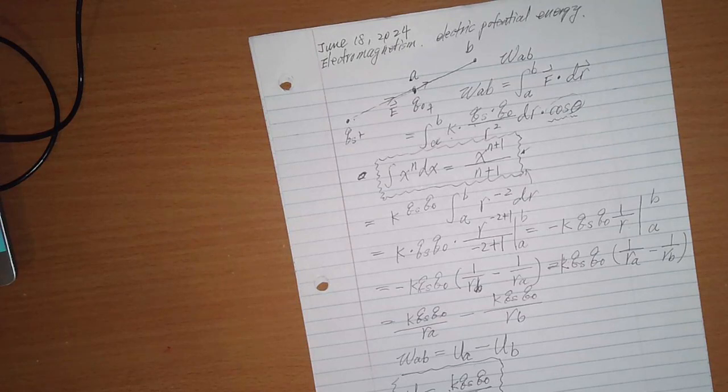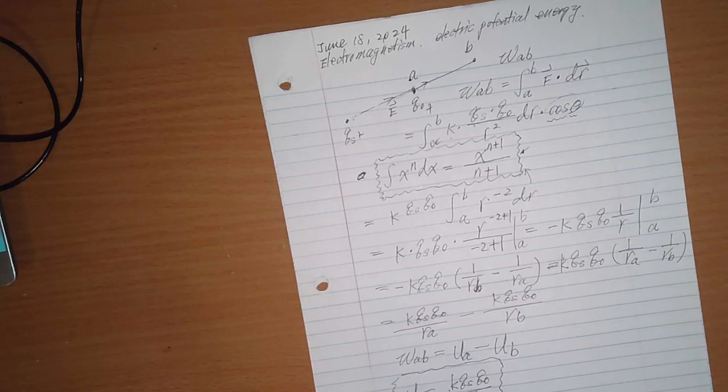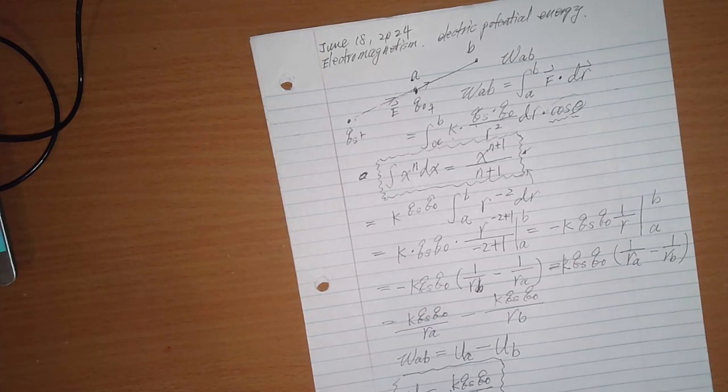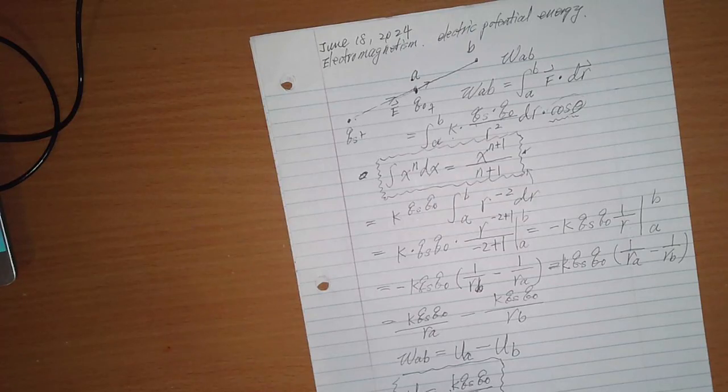If this is the start point A and the ending point B is right here, and we just use a random path from point A to point B, this still holds. Why? Because each of the little paths you can decompose into two components.